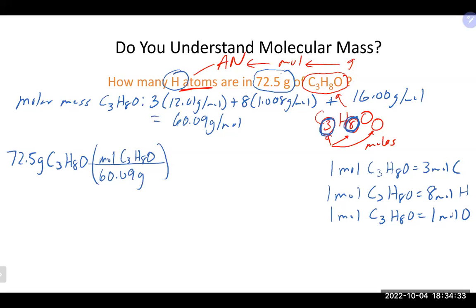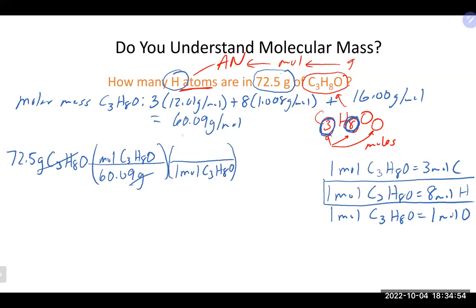So now that we have it in moles, as these grams cancel, we can use our relationship from the formula to go from the entire compound to just the hydrogen. We go from 1 mole of the entire compound, there are 8 moles of hydrogen. Any questions on that?